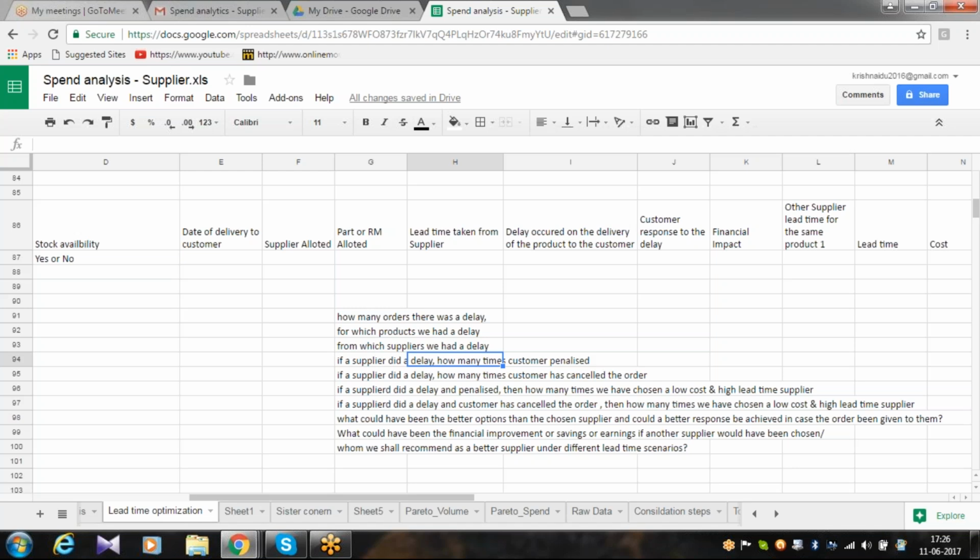So we'll definitely do it. I'll build the data, as I didn't have data on this. We'll build the data and then do an analysis of all these questions, which will give us the answers whether we can actually reduce the lead time or not. How to do those things is a different thing, which I'll train you on.